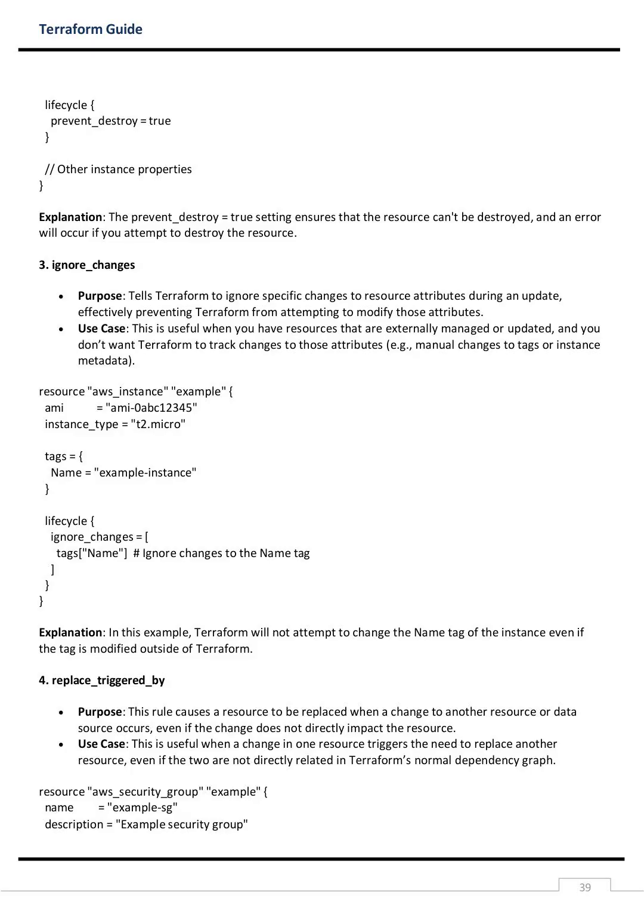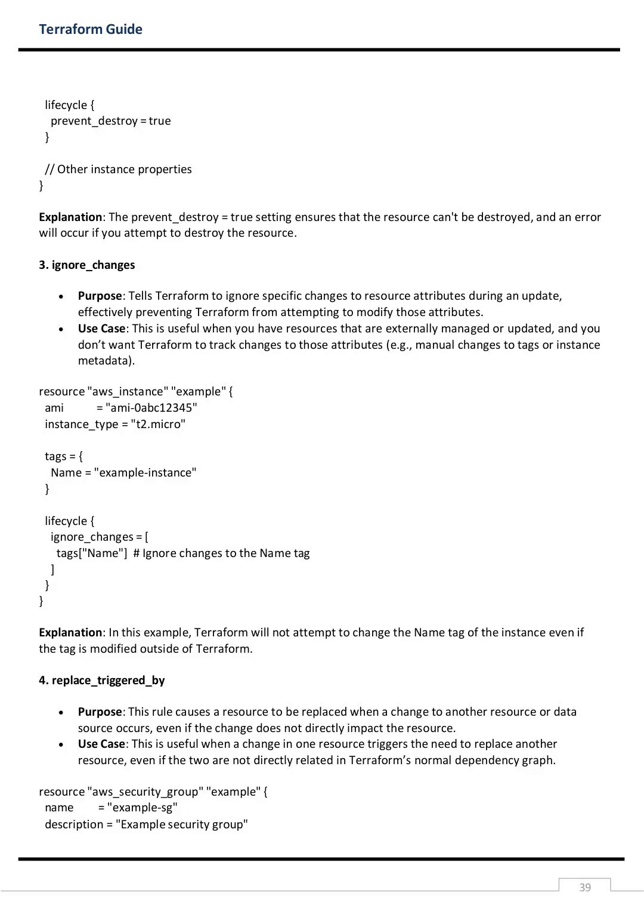4. Replace triggered by. Purpose: this rule causes a resource to be replaced when a change to another resource or data source occurs, even if the change does not directly impact the resource. Use case: this is useful when a change in one resource triggers the need to replace another resource, even if the two are not directly related in Terraform's normal dependency graph.